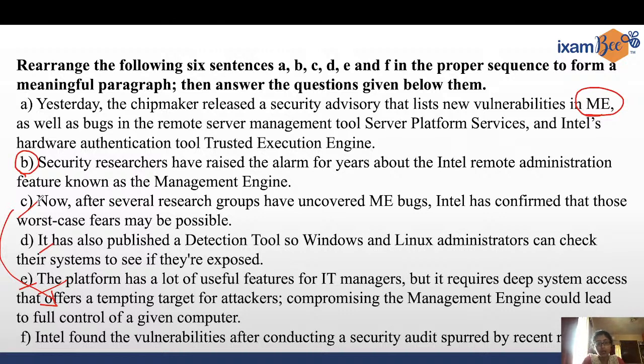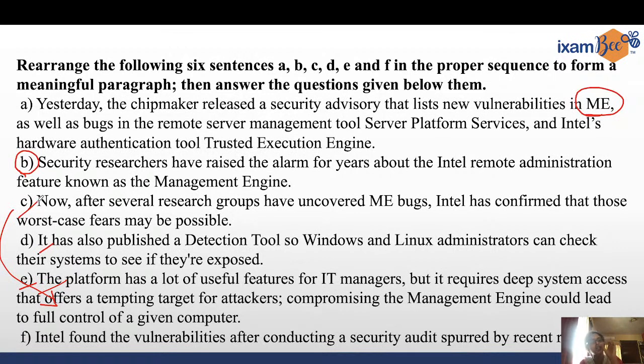So you need to be careful. That's what Intel should be doing, because it's a problem with their own management platform, the management engine. So they need to tell the common people, yes, there are reasons to get scared. A is doing exactly the same thing.